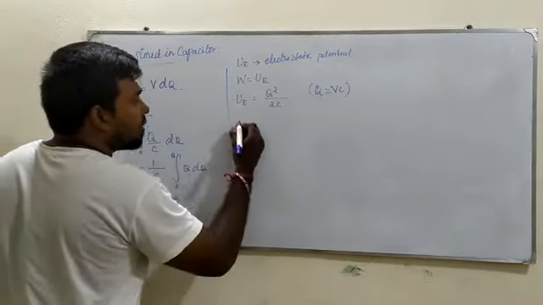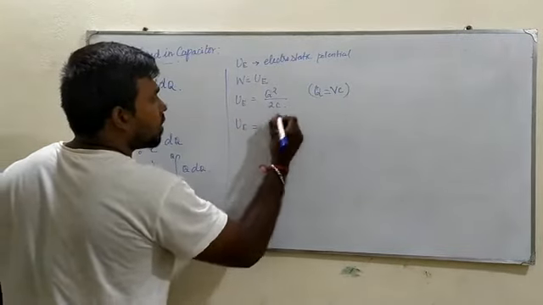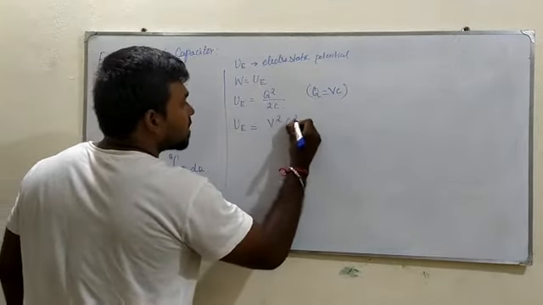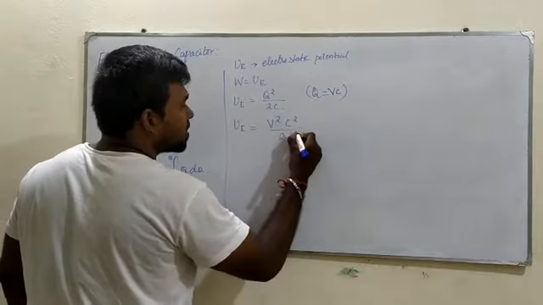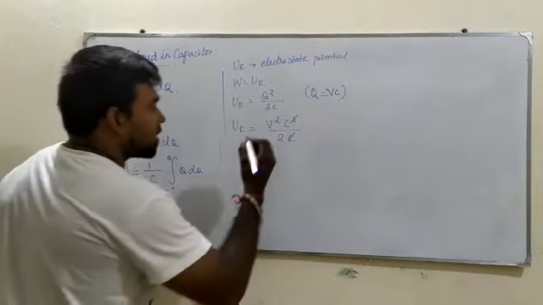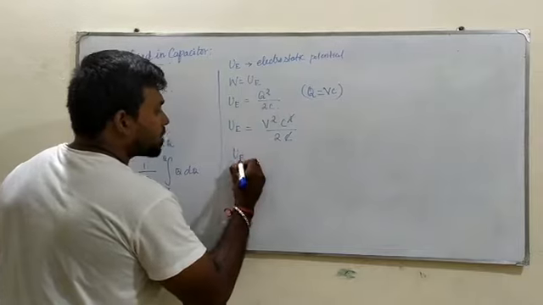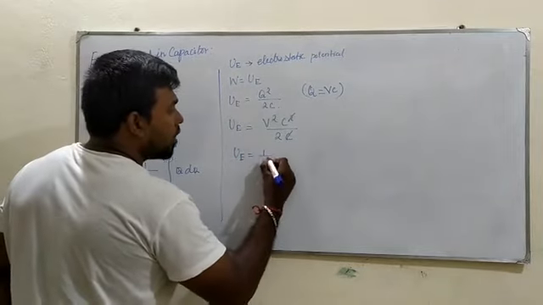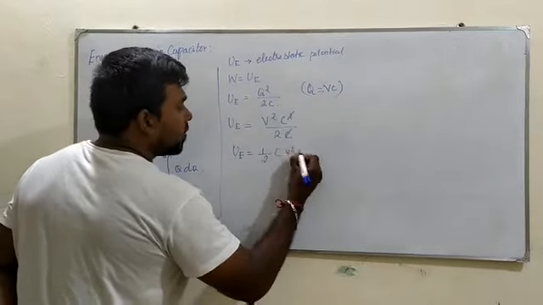Substituting this in this equation, UE is equal to V square C square by 2C. So one C we can cancel. Finally, we get the electrostatic potential energy is equal to half C V square.